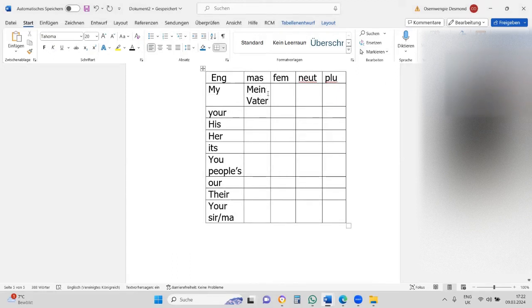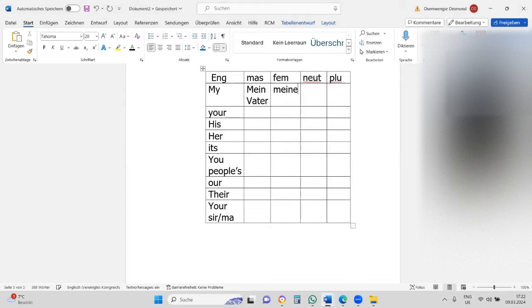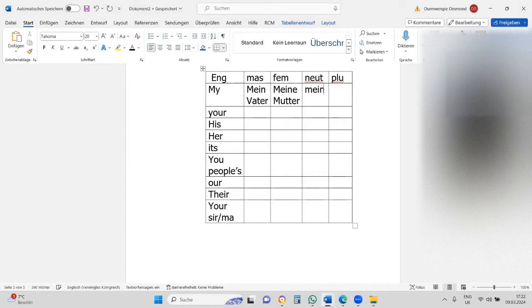If I want to express a possession of mine and the noun is masculine, I use mein. For feminine, meine, for example, meine Mutter, my mother. What if the noun is neutral? You say mein Kind, my child. You also use mein for that. For plural, you use meine: meine Kinder.